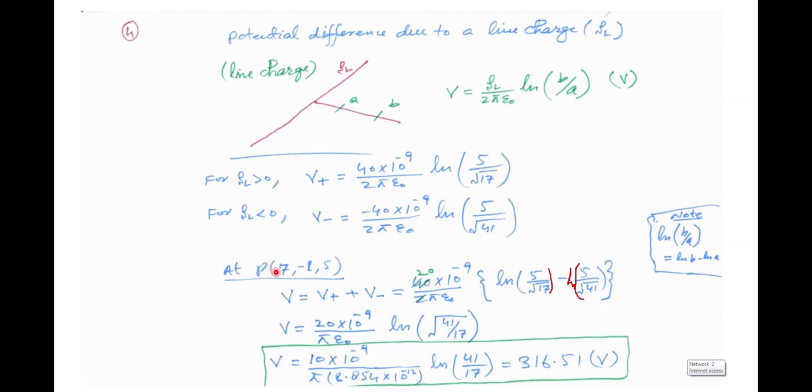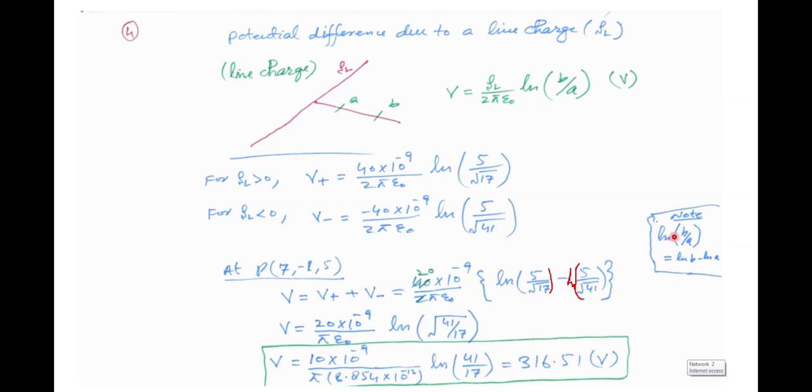Now at point P, 7, minus 1 and 5, the total potential due to the original charge and the image charge is the sum of the potentials due to the two line charges, where V sub plus represents the potential due to the positive line charge density, and V sub negative represents the potential due to the negative line charge density. Plugging in the values of V plus and V negative in this relation, we come across this one.